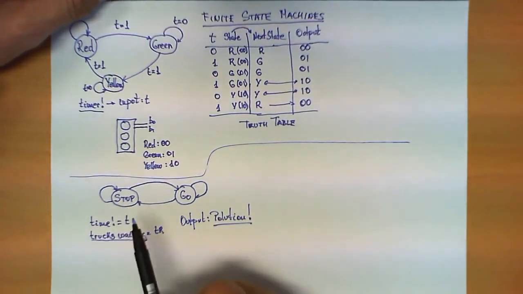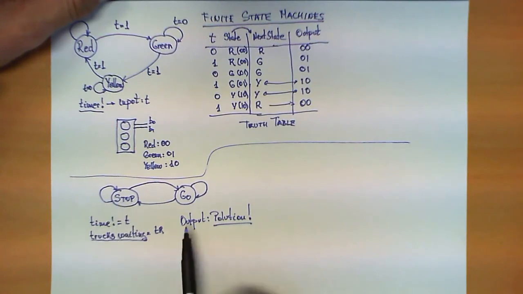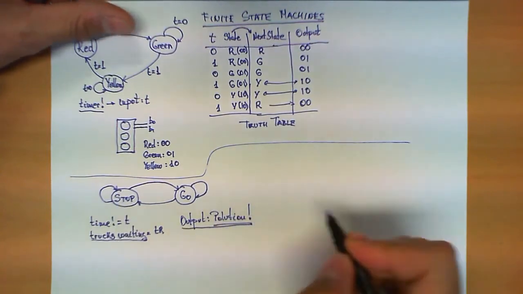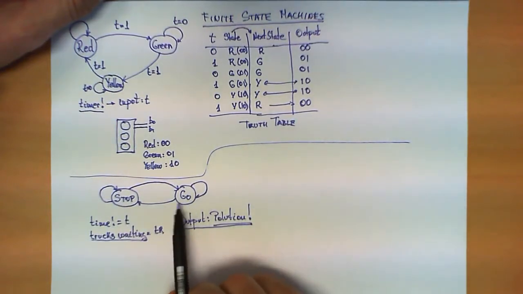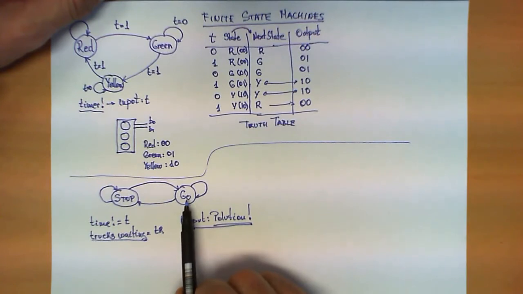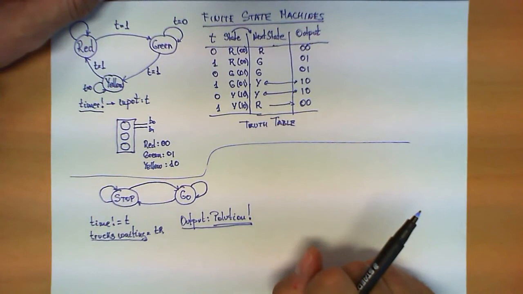In other words, when all traffic has stopped and the truck sensor detects trucks that have been stopped here, then the output of my machine should be 1. However, when the traffic is circulating, when there is no traffic stop, then I should ignore this trucks waiting signal and the pollution should be 0.